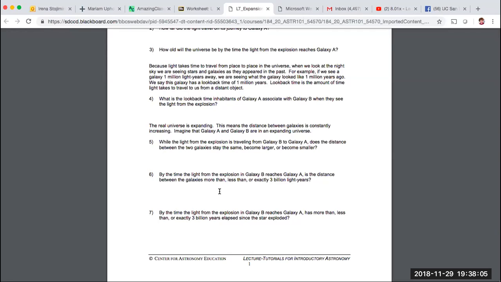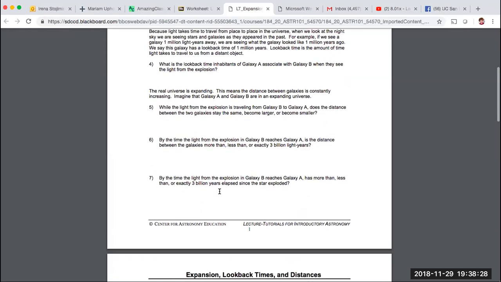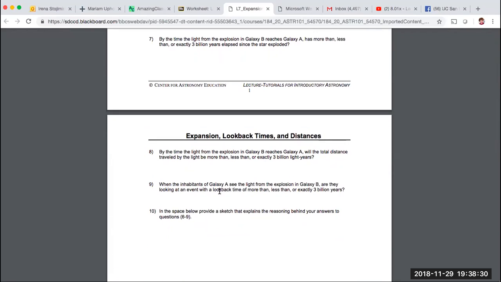By the time the light from the explosion in Galaxy B reaches Galaxy A, has more than, less than, or exactly 3 billion years elapsed since the star exploded? More time has elapsed. Yeah, exactly, because light travels with the speed of light, but if it has more distance to travel, it will take more than 3 billion years. Okay, very good. Next one.